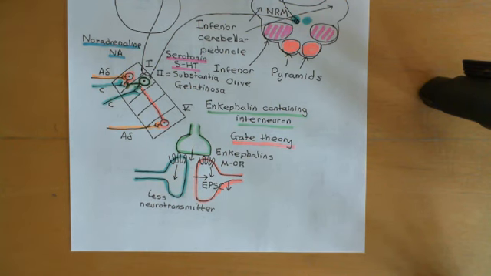It closes the gate itself by acting on the mu-opioid receptors on the presynaptic primary nociceptive afferents and the postsynaptic second-order spinothalamic projection neurons, and stopping the efficacy of this synapse, basically.